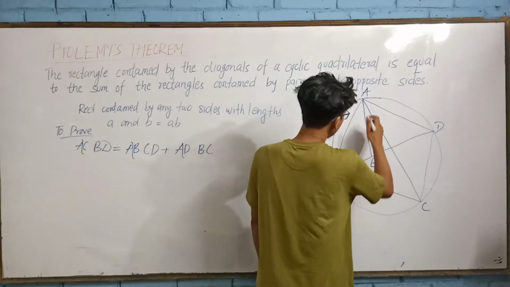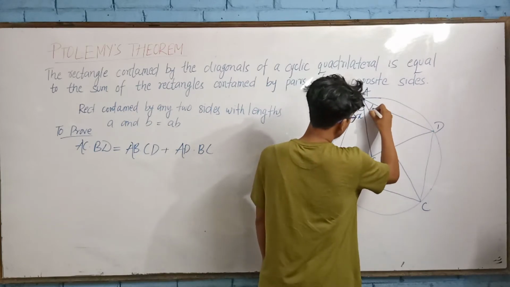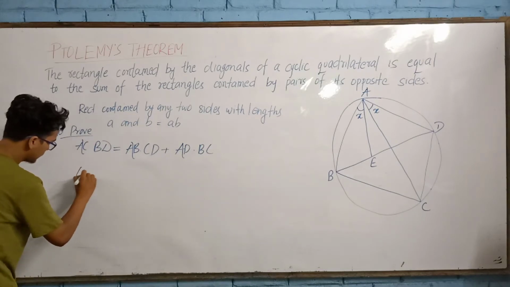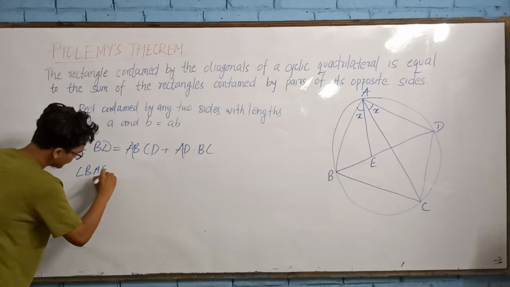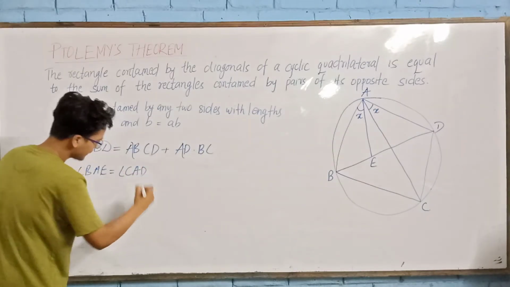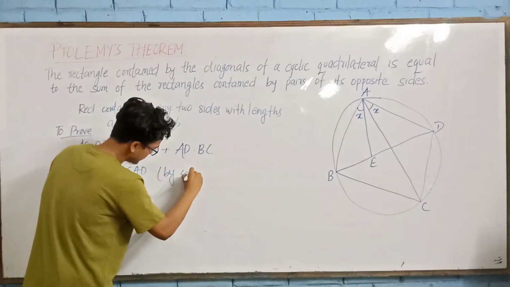So if angle BAE is X, then angle CAD is also X. So angle BAE equals angle CAD. This is clear, this is via construction.